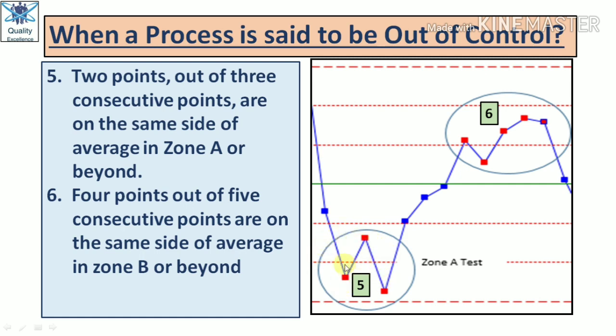And the sixth one is 4 points out of 5 consecutive points are on the same side of the average in zone B or beyond. So you can see here, out of these 5 points, these 4 points, 1, 2, 3 and 4, are in zone B or beyond, and they are on one side of the average. So this condition is also considered as an out of control condition.